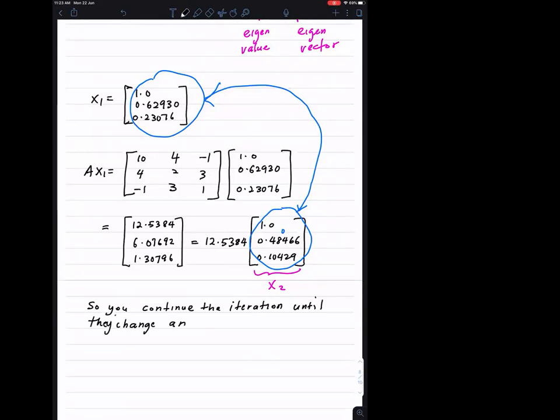You know what I'm referring to by they, right? For example, x1 and x2, in this case, are not the same, but you will come to a point when the subsequent vectors will not change. That's what I mean by continuing until they don't change. So you continue the iteration until there is no change.